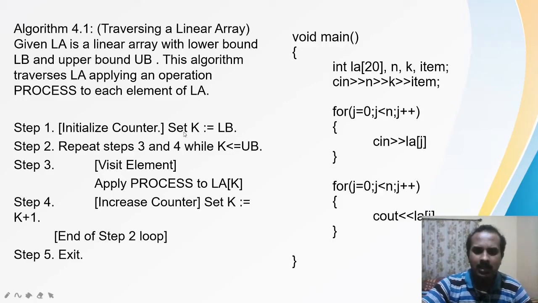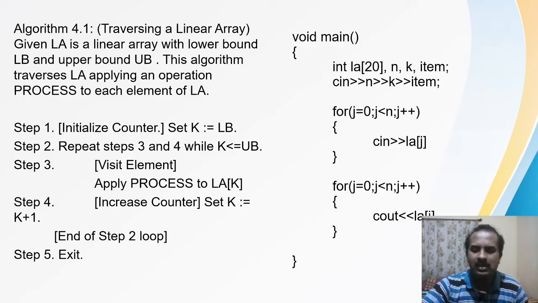Now let us say that you want to do the program as per the algorithm, no problem. I'll set k equal to 0 because my lower index or lower bound value will be 0, because an array will always start from 0. And in the while condition I have to check whether k is lesser than or equal to ub. ub is the upper bound, the number of elements in the array, so I can directly write n minus 1 because it is going to start from 0.